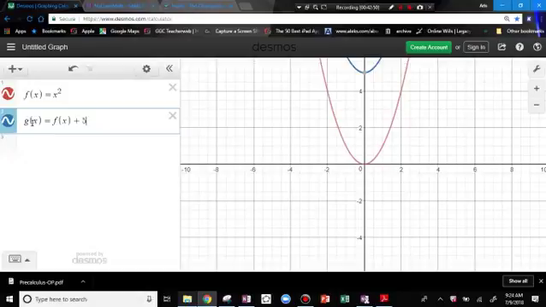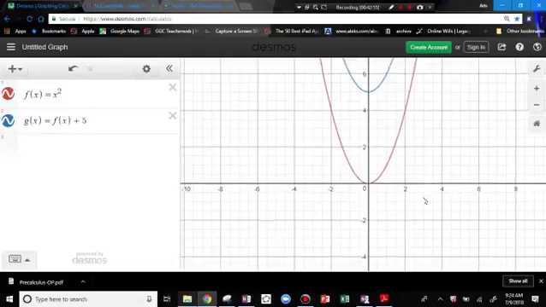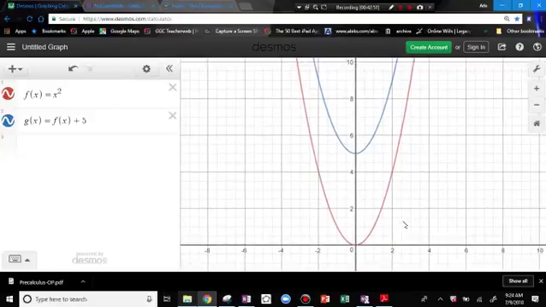So if I take a new function g and say it's f of x plus 5, the street version is just saying, take the old y coordinate, which is f, and add 5 to it. Add 5 to all the y coordinates, and it shifts the whole thing up 5 units. Adding 5 on the outside of the graph shifts everything up 5 units.